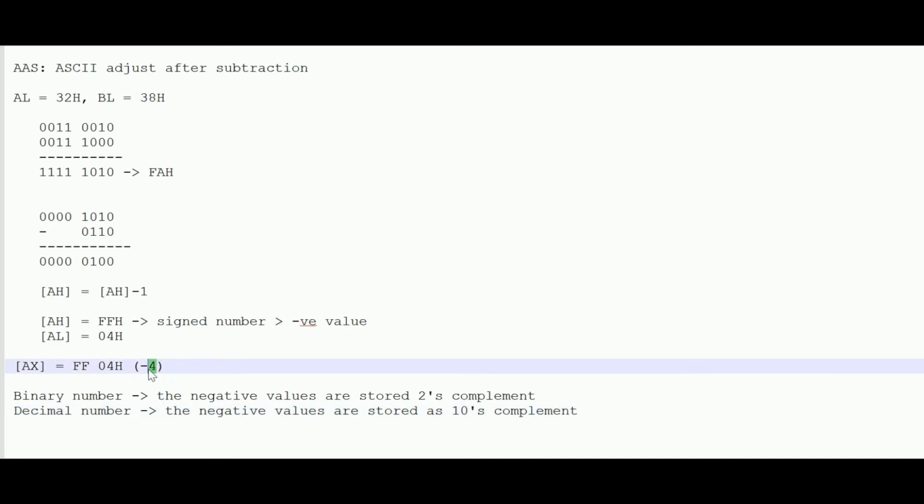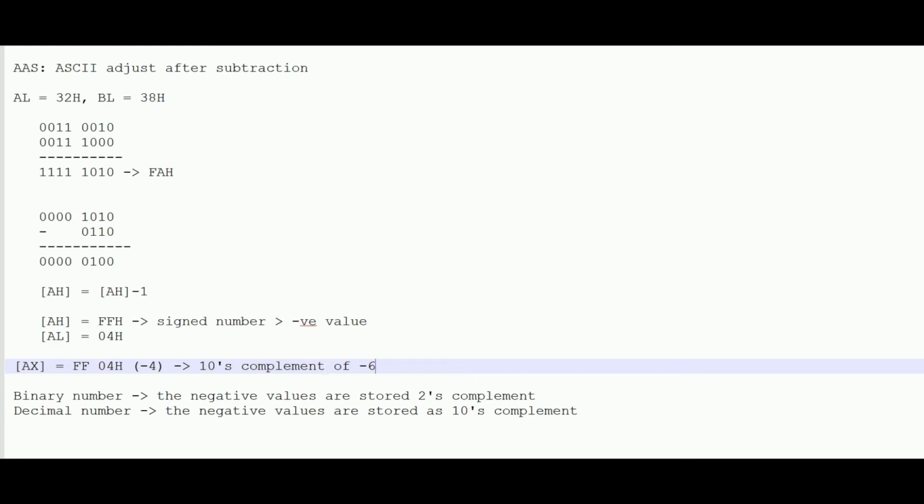Now if it is -4, if you take the tens complement of -4, you will get -6. Tens complement means you do 10 minus 4, and you get 6. So 32 minus 38, or 2 minus 8, will result in -6, which satisfies the value. So I can write that -4 is basically the tens complement of -6. Right? So this is how your AAS instruction, that is ASCII adjust after subtraction, works.